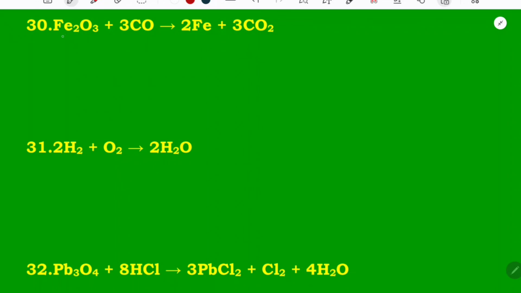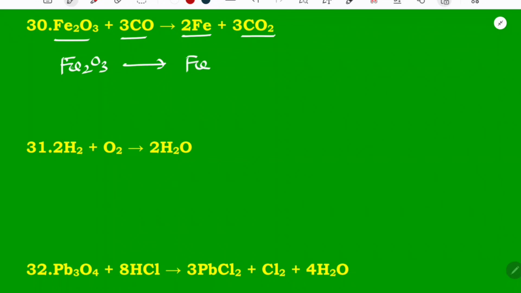Here ferric oxide is reacting with carbon monoxide to form iron and carbon dioxide. So what type of reaction is this? Just observe here, Fe2O3 to Fe.